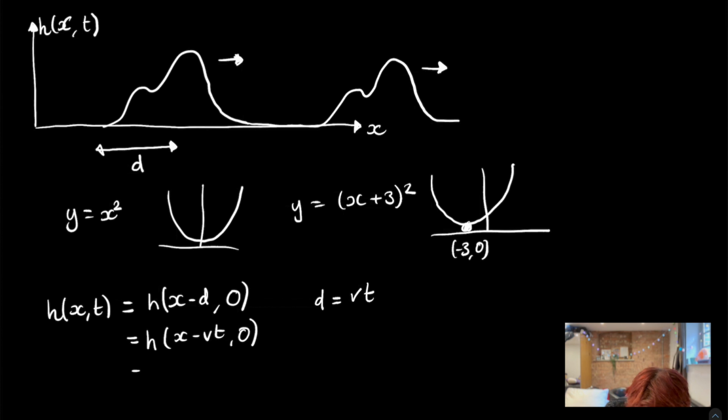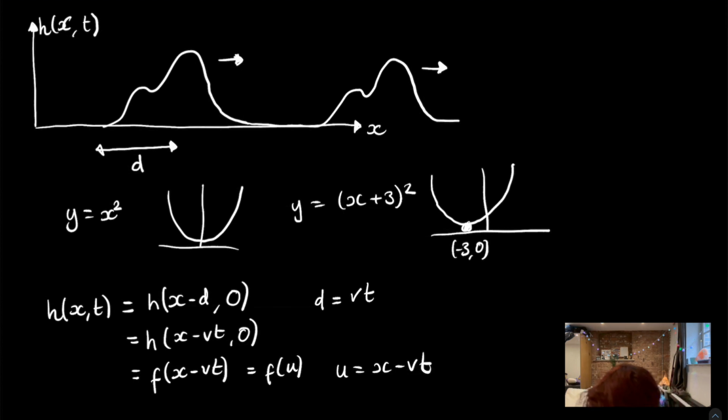And so we can write this as being equal to a different function, let's just call it f for now, of x minus vt. And we can call this new variable x minus vt just u right here. So a function of u where u is equal to x minus vt.